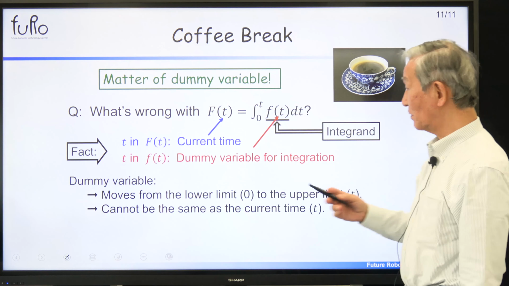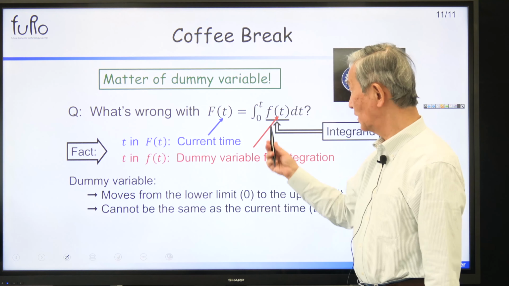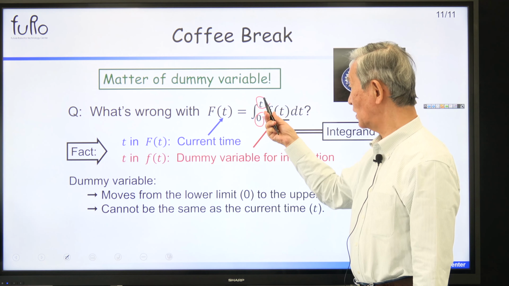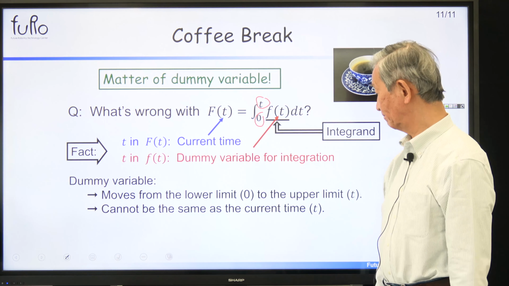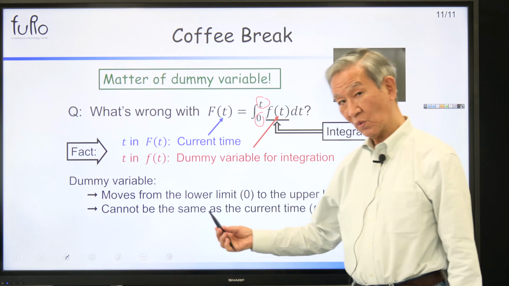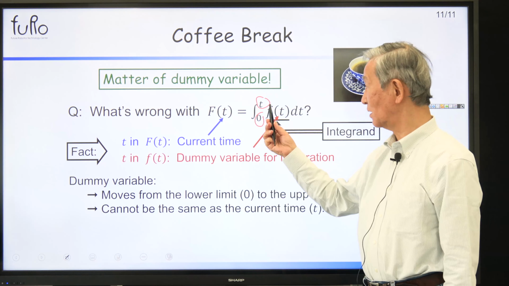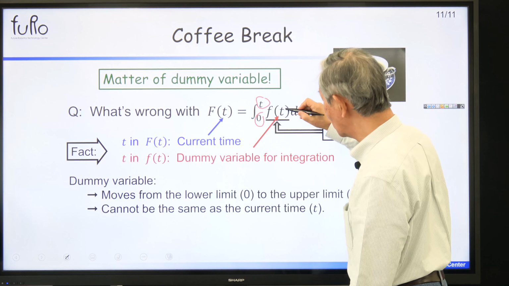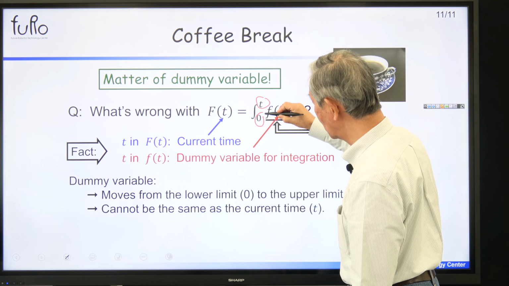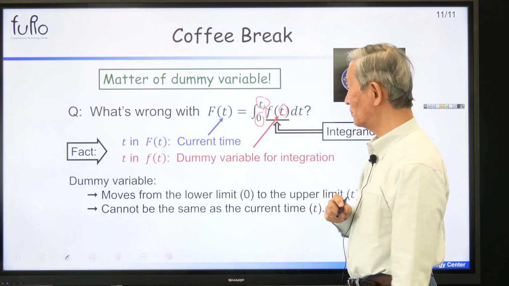So the fact is a dummy variable moves from the lower limit to the upper limit, from 0 to t. Right? So the dummy variable cannot be the same as the current time t. So this variable needs to move from here to there.